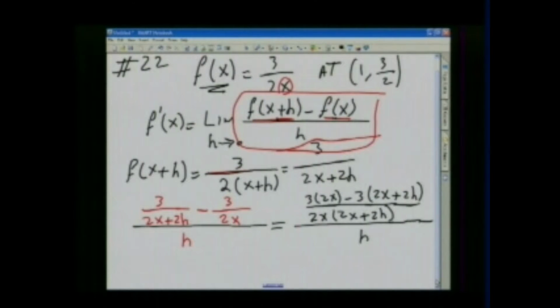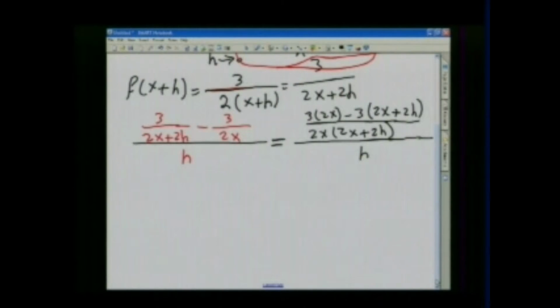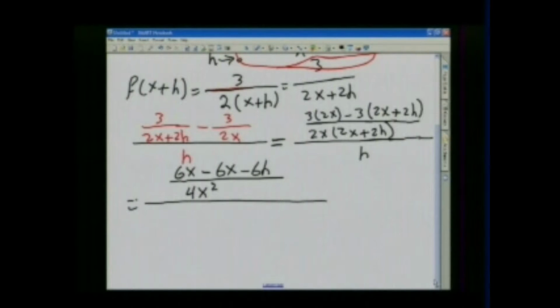I'm going to simplify the numerator. That would be equal to 6x minus 6x minus 6h divided by 4x squared plus 4xh, divided by h.